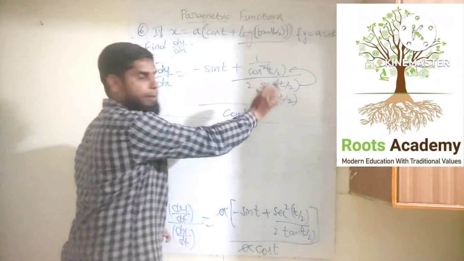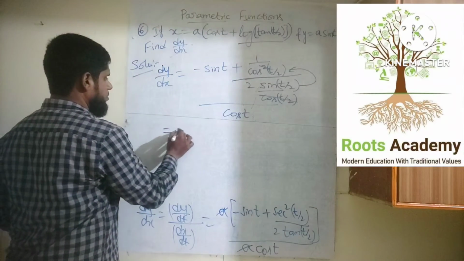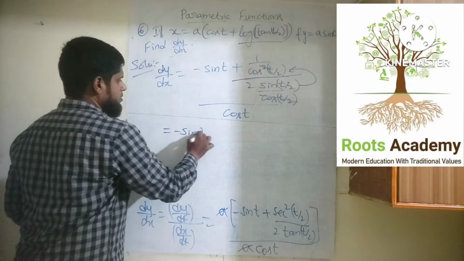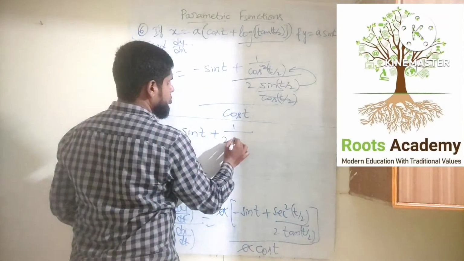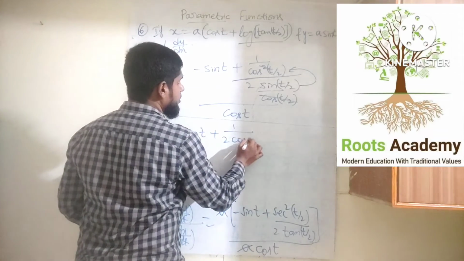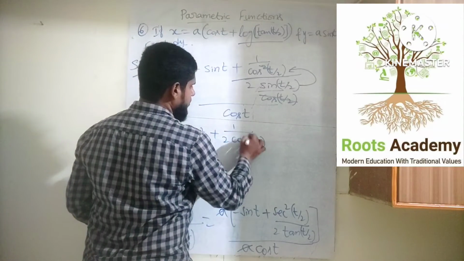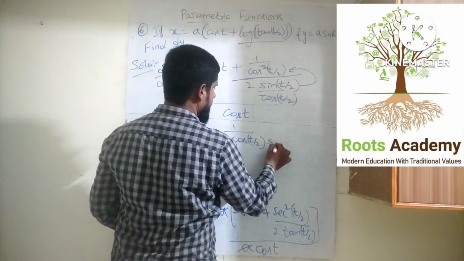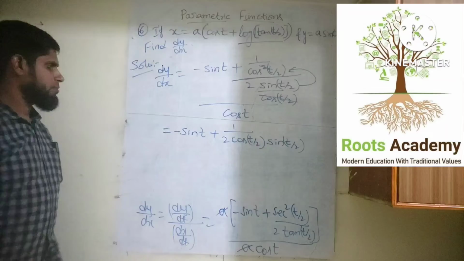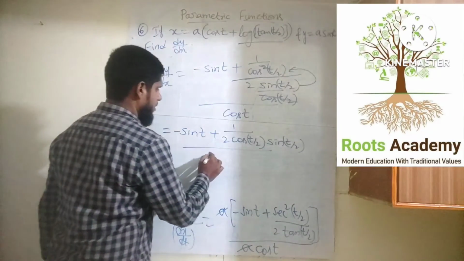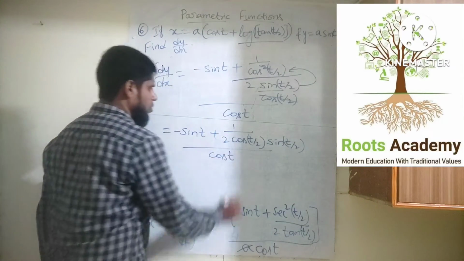Other things are same. So it is minus sin t plus 1 divided by 2 cos t by 2 is left out one time, and it is sin t by 2 whole divided by cos t.